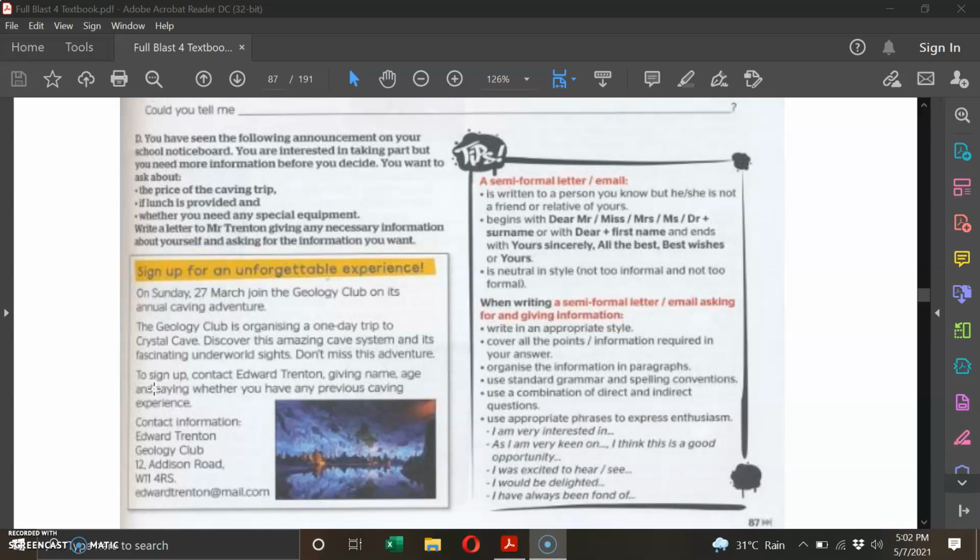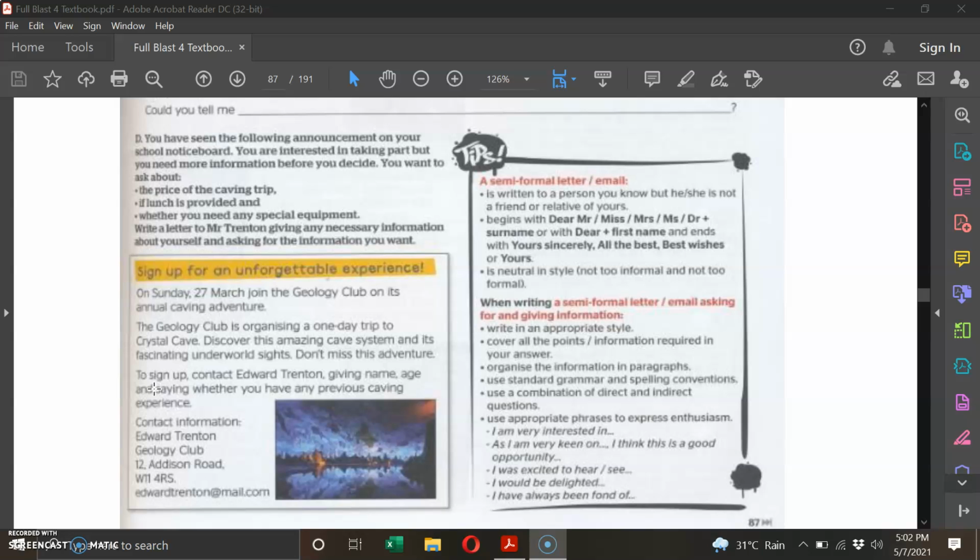Okay, sign up for an unforgettable experience. Daftar untuk pengalaman yang tidak dapat dilupakan. On Sunday 27th March, join the Geology Club on its annual caving adventure. Pengembaraan meneroka gua tahunan. The Geology Club is organising a one-day trip to Crystal Cave.